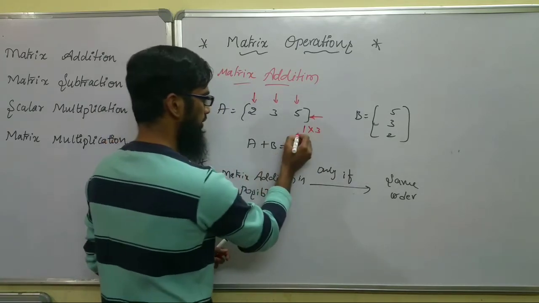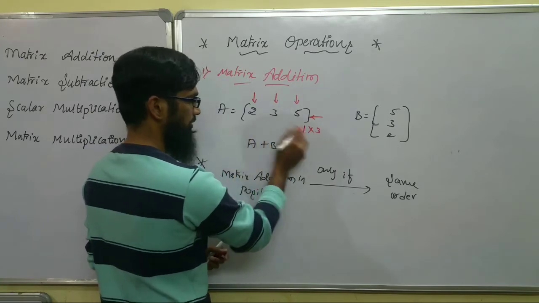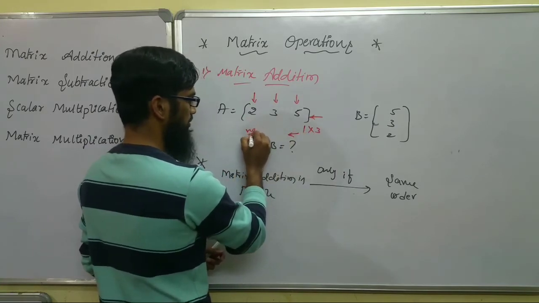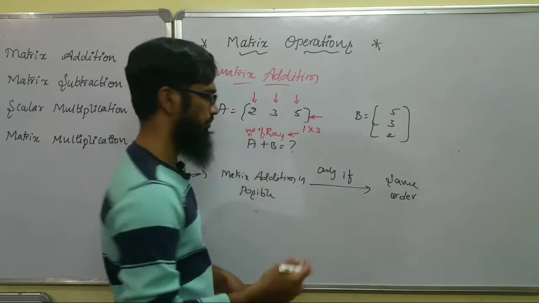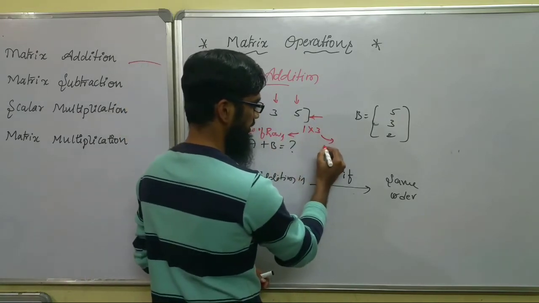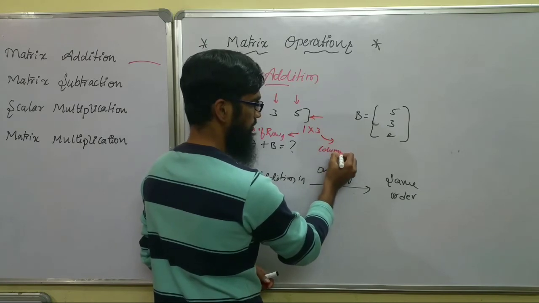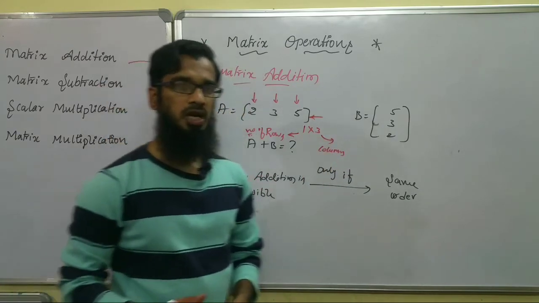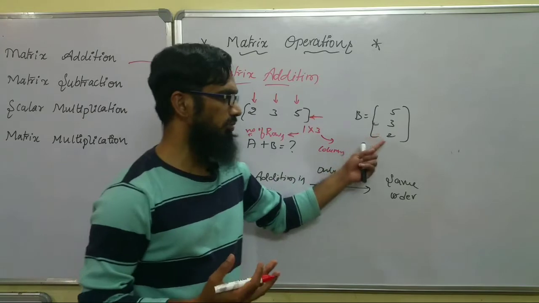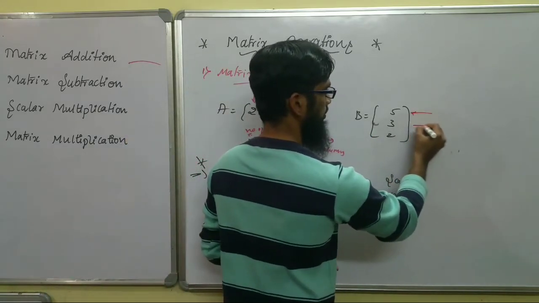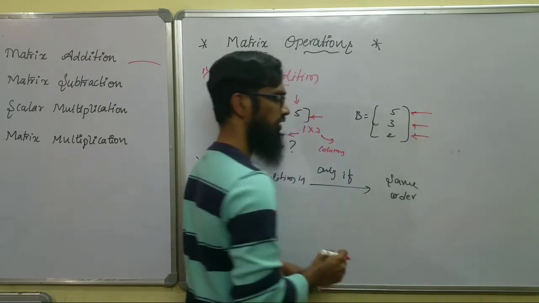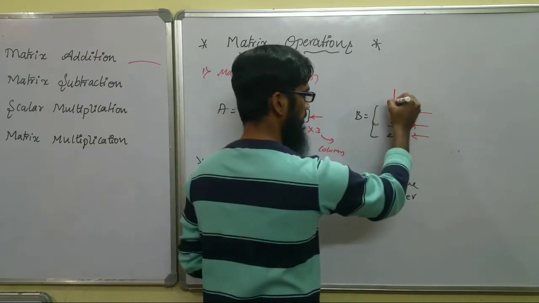This is a very important thing to remember: the first number indicates the number of rows, and the 3 indicates how many columns there are. Similarly, let me write the order of matrix B. How many rows do we have? 1, 2, 3, so 3 rows and only 1 column.